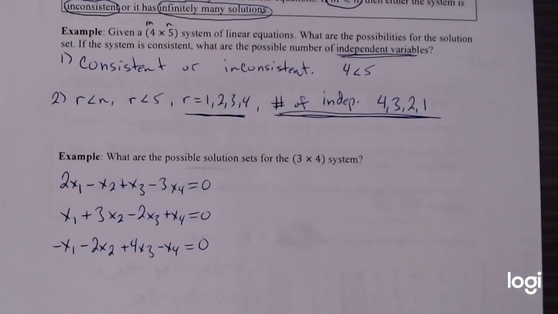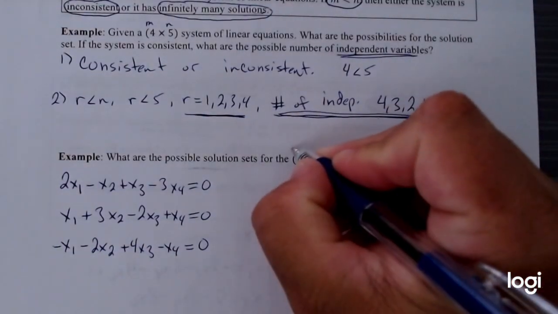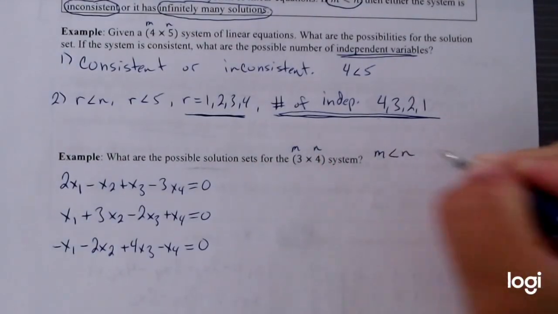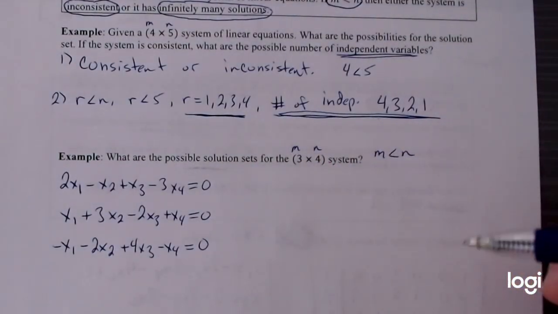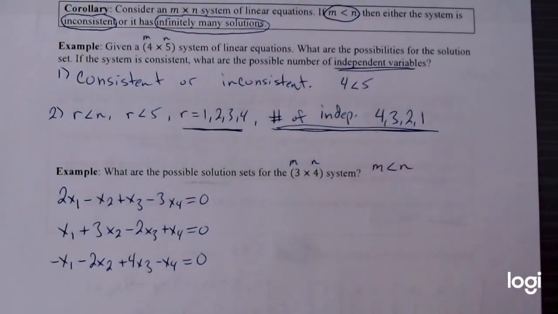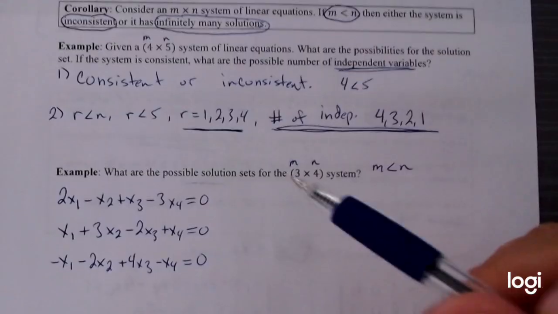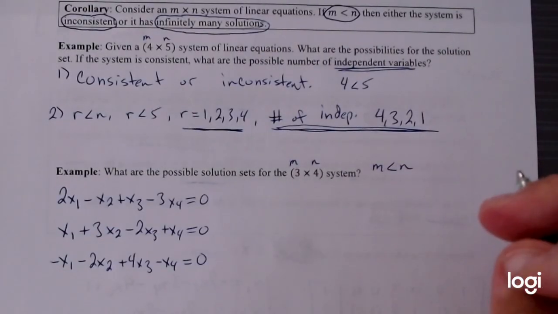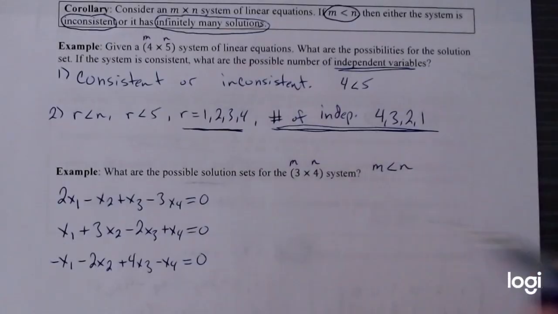Okay. Now, just like the corollary above, we have m is less than n, right? 3 is less than 4. So based off this corollary, we have one or the other, right? But this is what are all the possible solutions we can have. So now, this one is a bit of a tricky one because they're equal to 0, right?